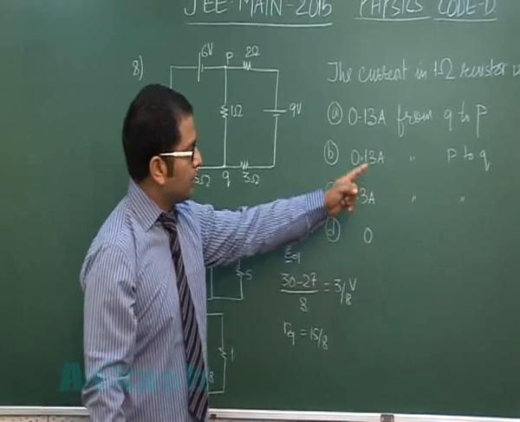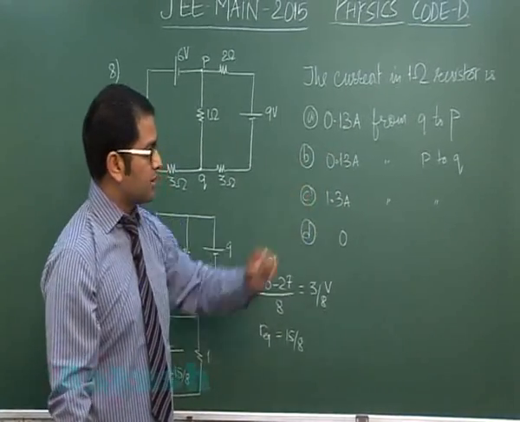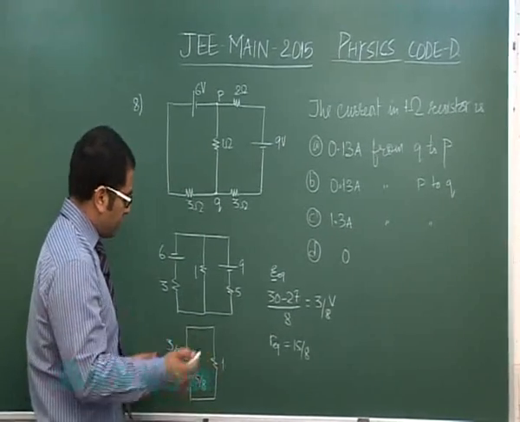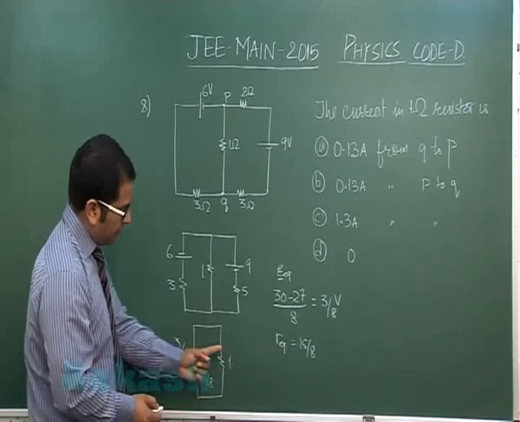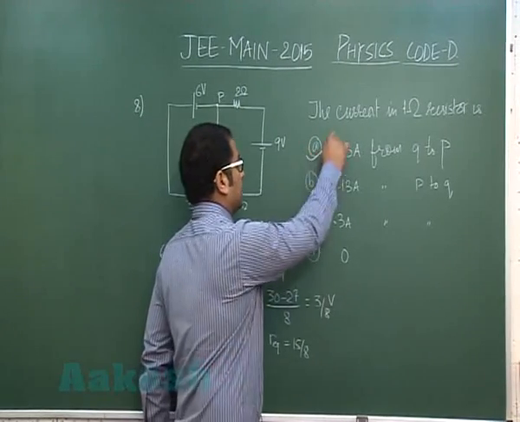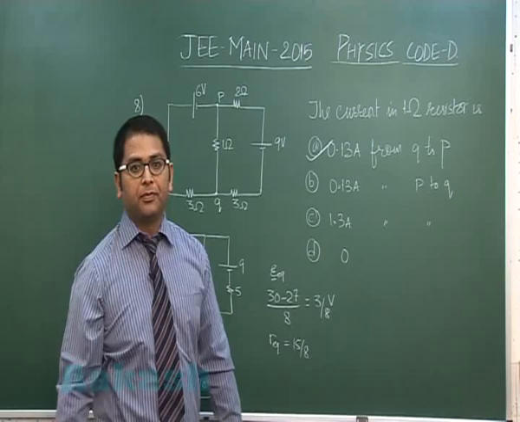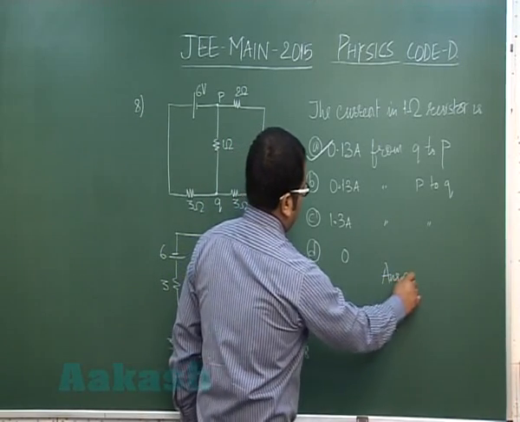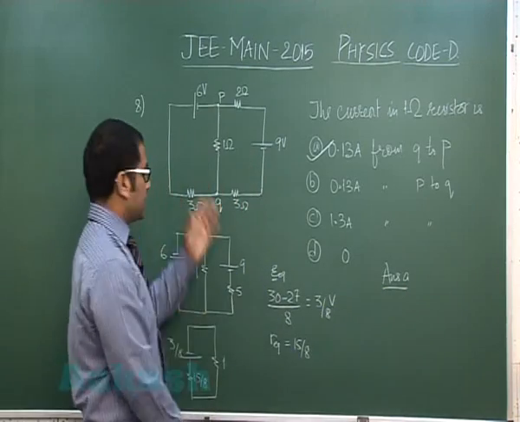We need not go further because the second and third options are from P to Q, and I have only one option from Q to P. However, if we calculate the magnitude, that's EMF by the net resistance, that will lead us to option number A. So let's proceed to question number 9.